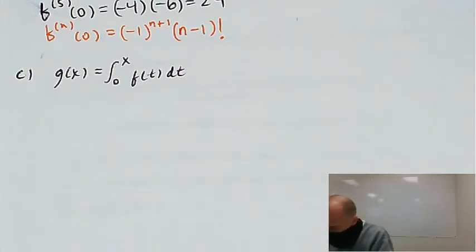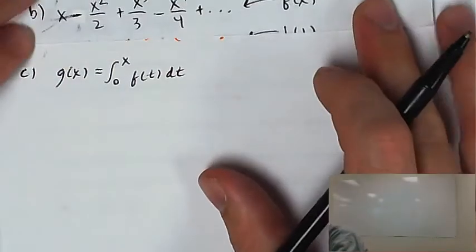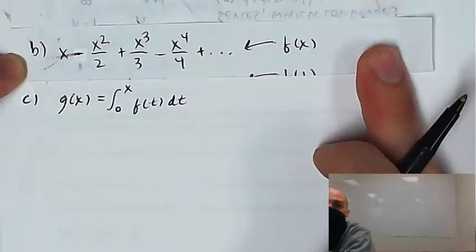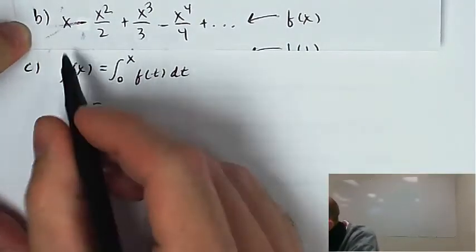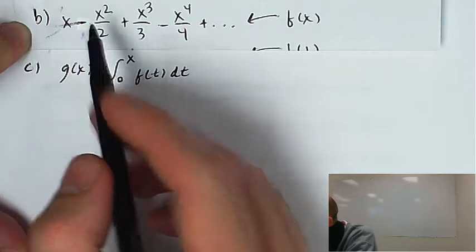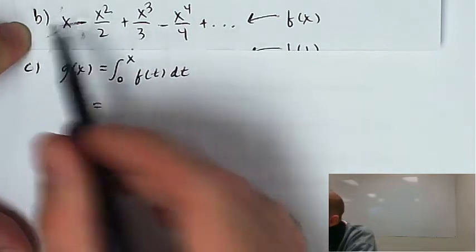But I'm just going to say, for having f, and maybe I will hold on to my work at the beginning of part B. If I had my Maclaurin series for f right there, yeah, it's visible, then I know that when I anti-differentiate that, there's going to be a 1/2 x squared and a plus c.